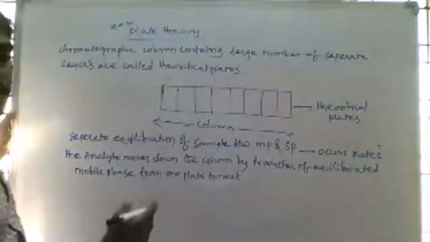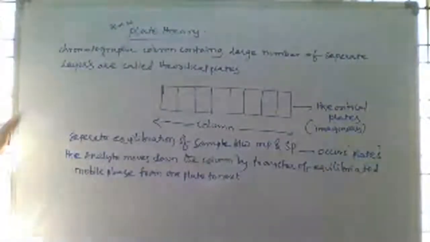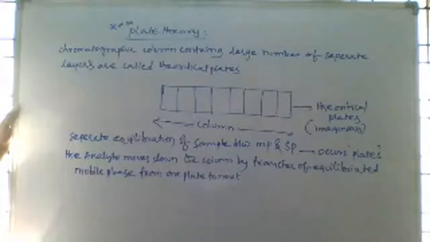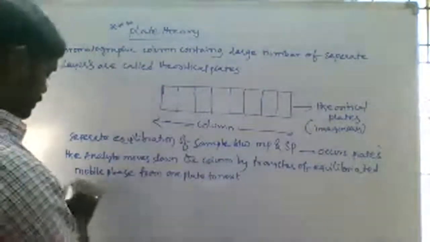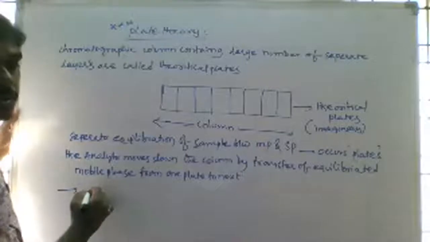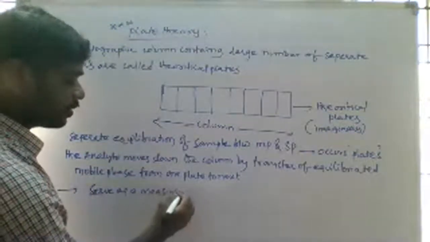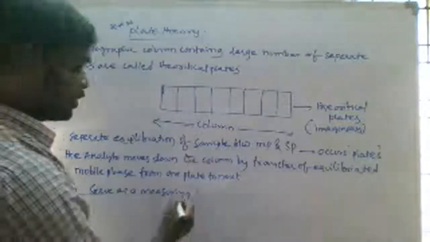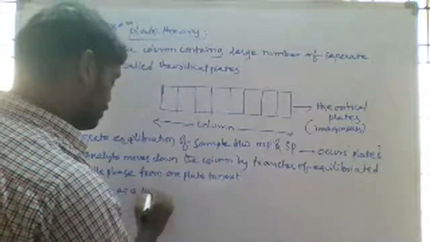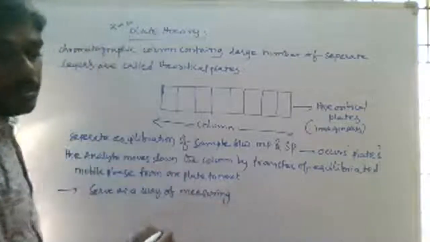So these theoretical plates do not really exist; they are imaginary. They serve as a way of measuring column efficiency.